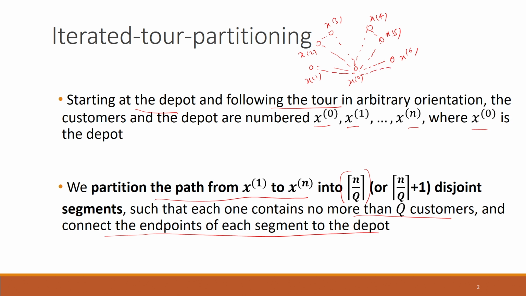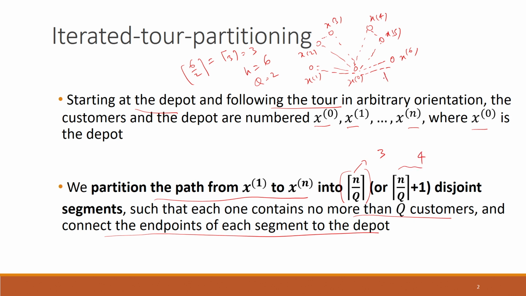Here n was equal to 6, because there are 6 customers, and q was given to be equal to 2. So n by q is equal to 3, 6 by 2, and the ceiling of that is again 3. So this number in that example is 3, and this will be 4.